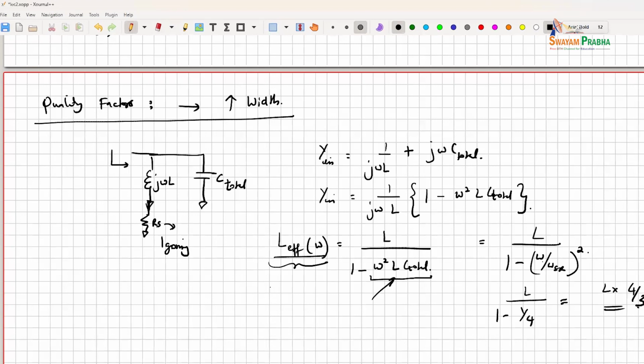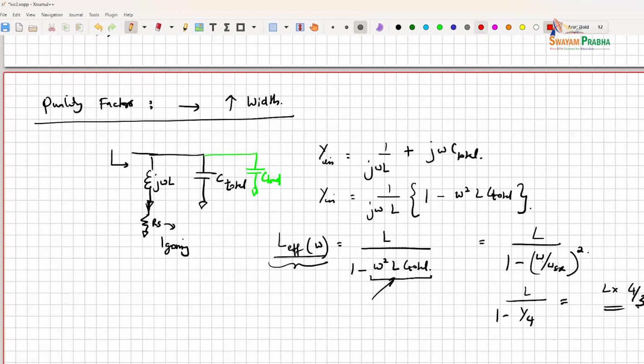But you can also, in design, consider a scenario where your design itself also has a C load that comes in parallel with it.